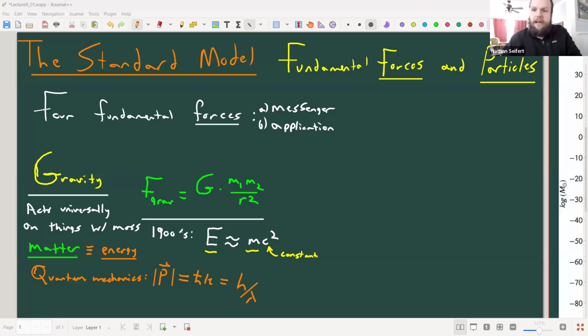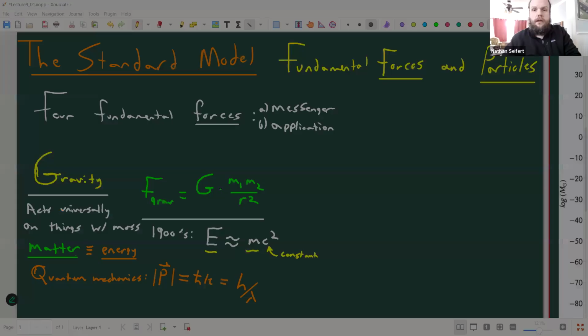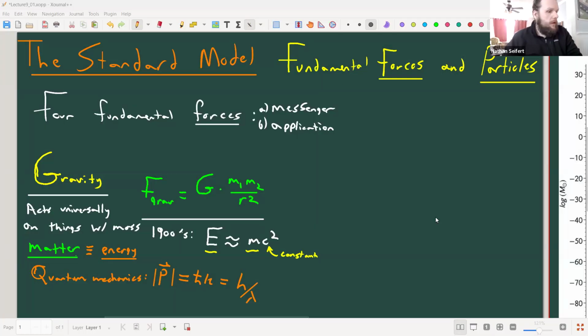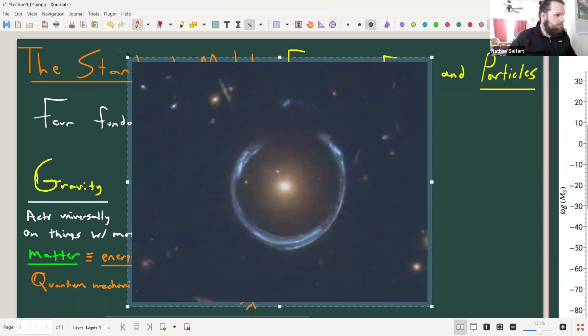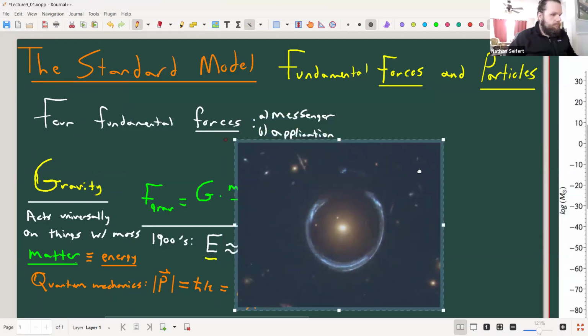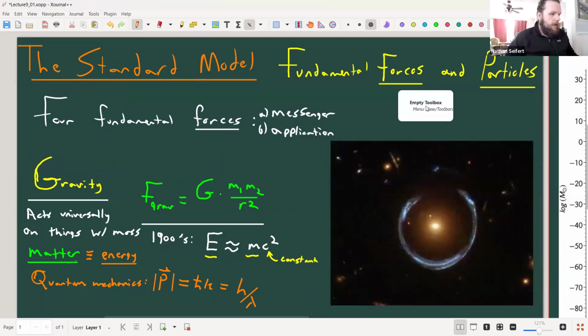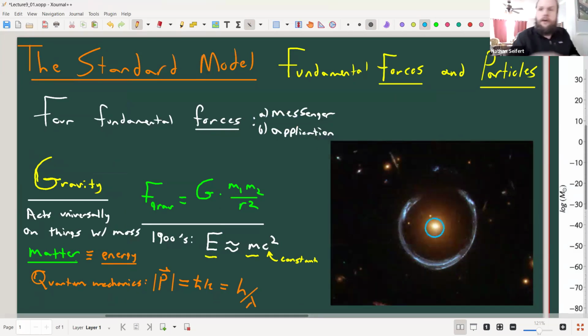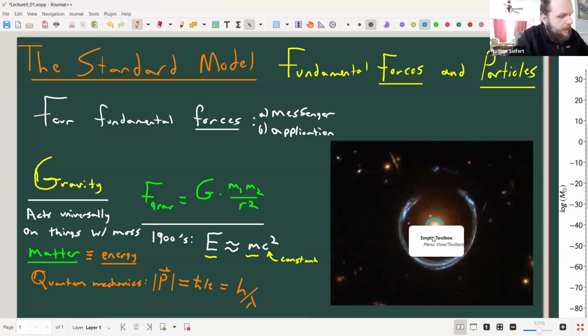When you have something very massive impeding your path, say you're looking at something far away, and there's something in between that object and you, and it's sufficiently large, what you observe is this lensing effect. So there's this massive star in the middle. This is close by.